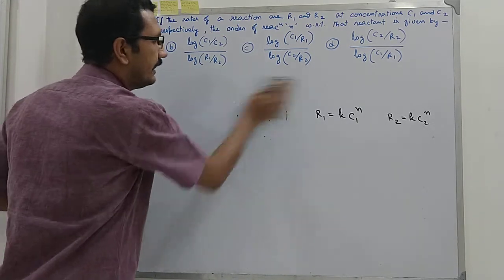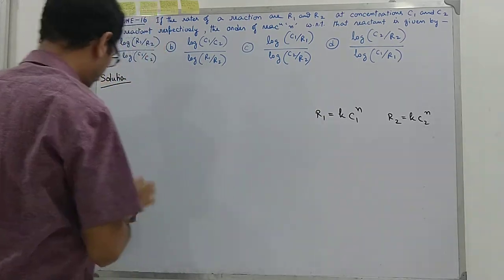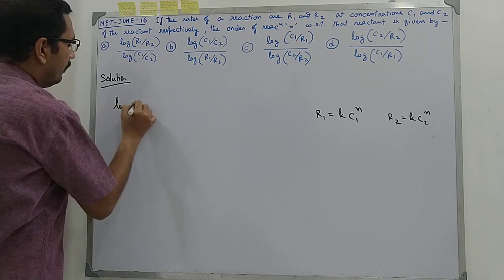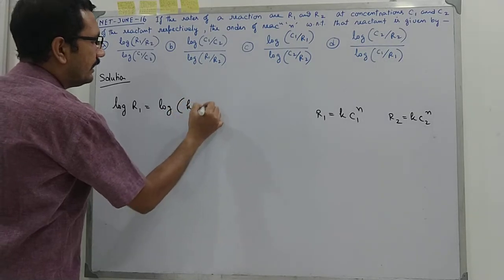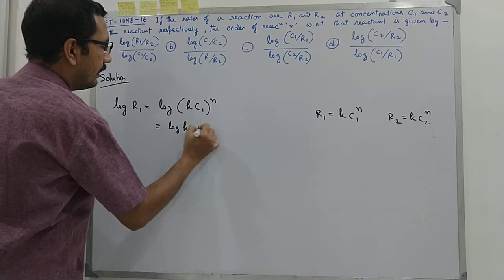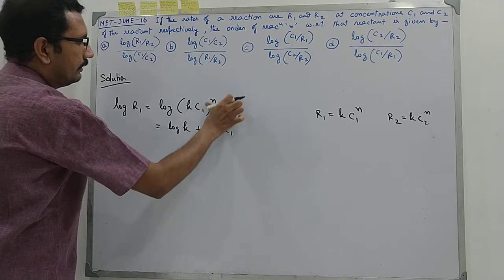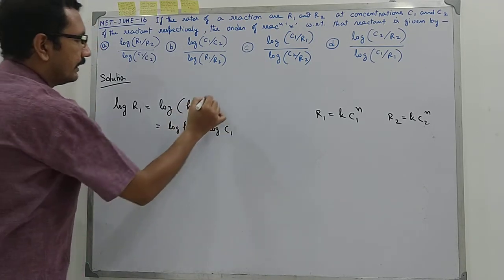Now we will take the logarithm of these two equations, so that we will have log R1 equals log k into C1 to the power n. So it will be log k plus log C1 to the power n, since the power n is on C1 only.